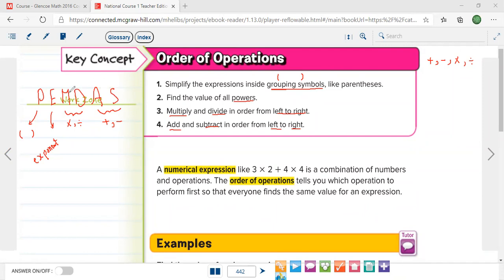But when multiplication and division come with addition and subtraction, you can see that multiplication and division is in step number 3, then in step number 4 is subtraction and addition. So multiplication and division is preferable to addition and subtraction. I recommend that you write down this rule, the PEMDAS rule, in your books.